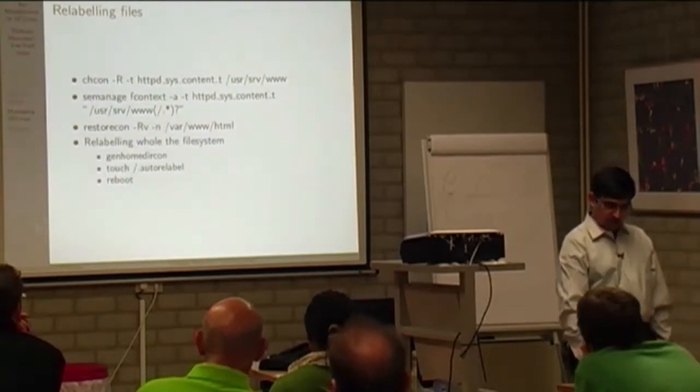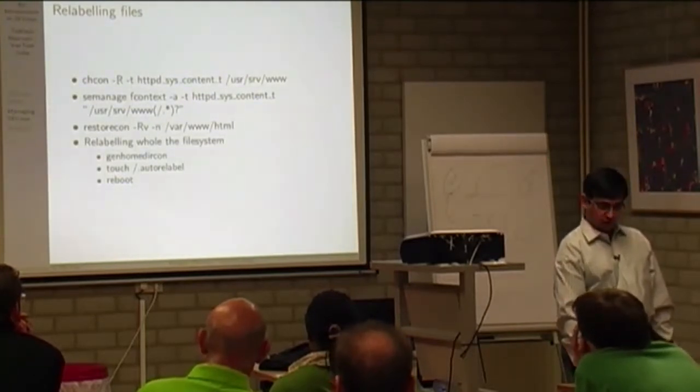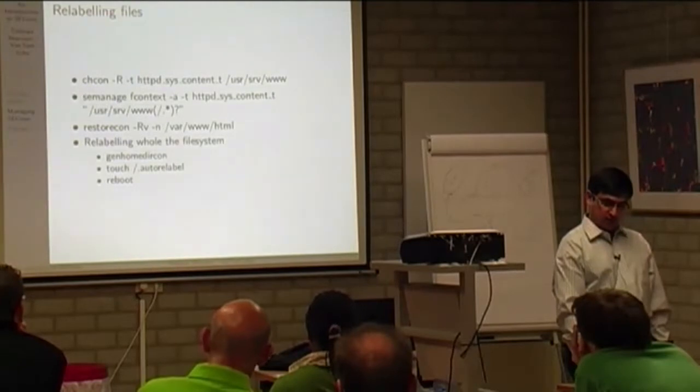So what you can do is change it. You just use chcon, so change context. The -R is to do it recursively. The -t is to give the type. So in this case, I would be giving the HTTP daemon sys content type to /srv/www.